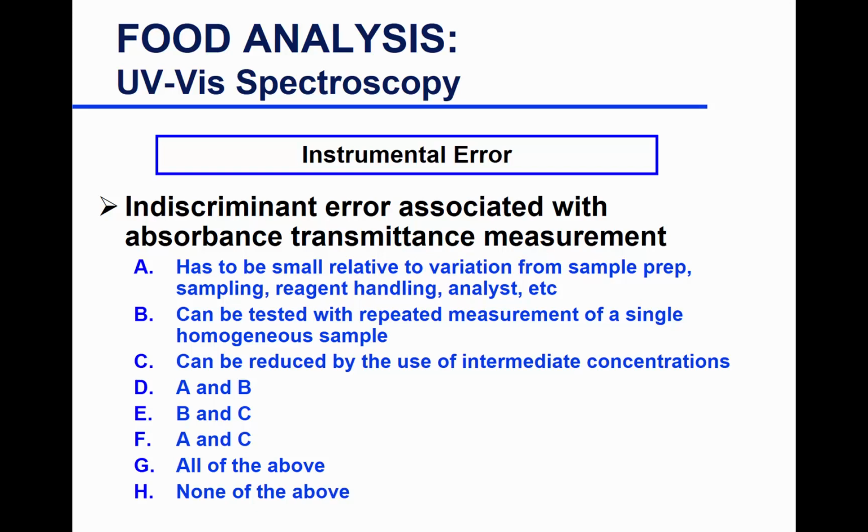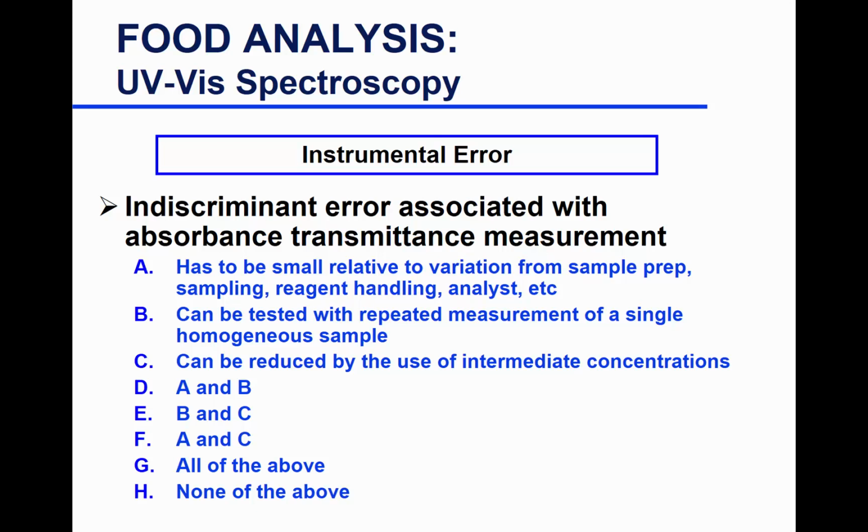There is indeterminate error, or in other words, instrument noise. The noise should be proportionally small compared to the actual absorption or fluorescence of your sample. So it should be less than 10%.